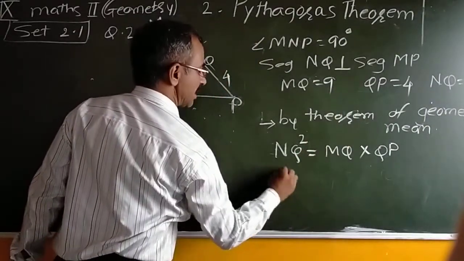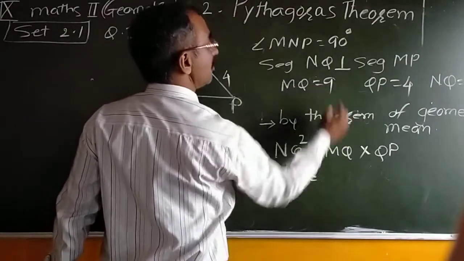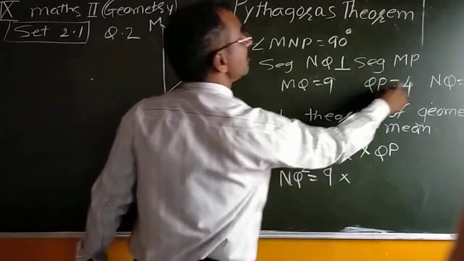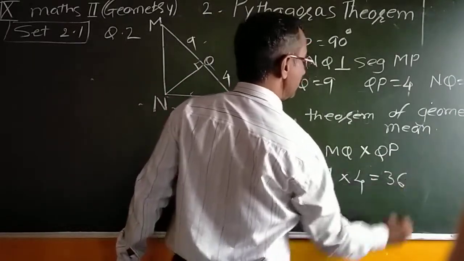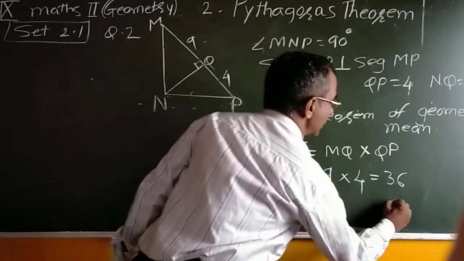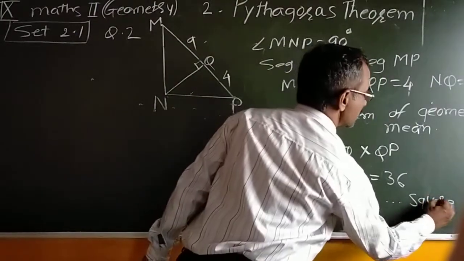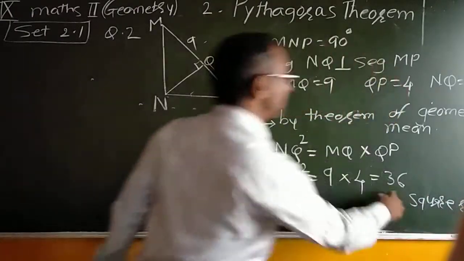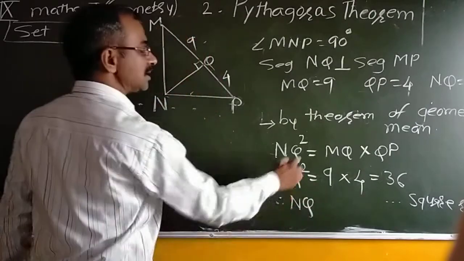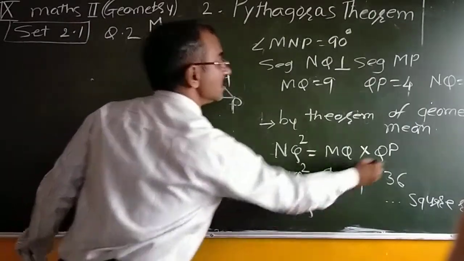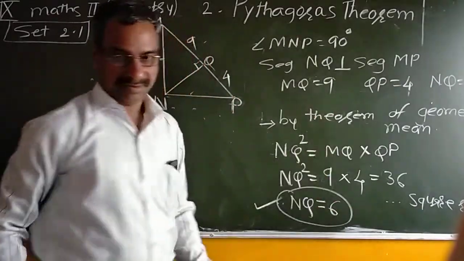So NQ square is equal to, by putting the values, MQ is 9 and QP is 4. 9 into 4 is 36. Then by taking the square root of 36, we get the value of NQ is equal to 6. That is our answer.